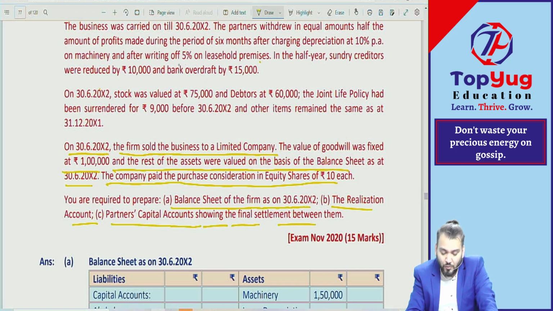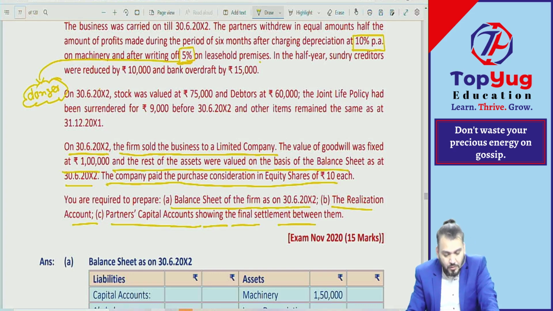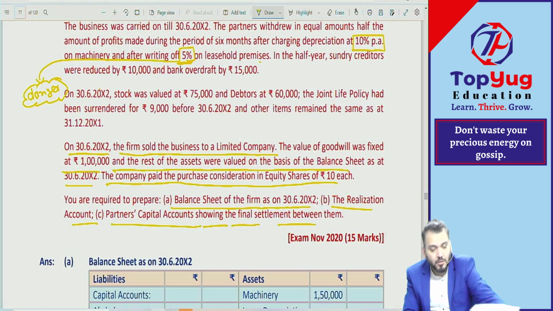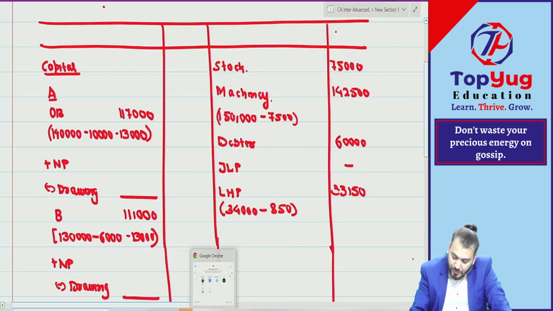So for lease of premises you will not do 6 by 12. Understood? These are the mistakes which can be dangerous. Danger, correct? But it means it is what? 1,700.